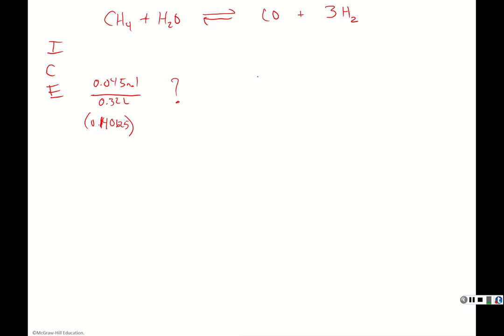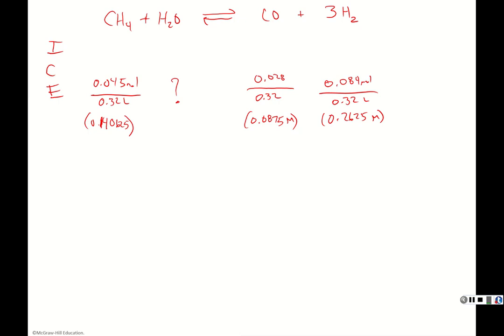Carbon monoxide, we had 0.028 moles divided by 0.32 liters, which is 0.0875 molar. And finally, H2 was 0.084 moles in 0.32 liters, which is 0.2625 molar.